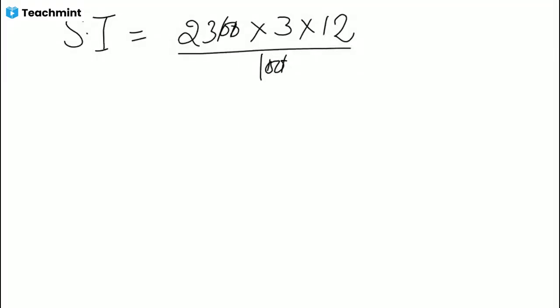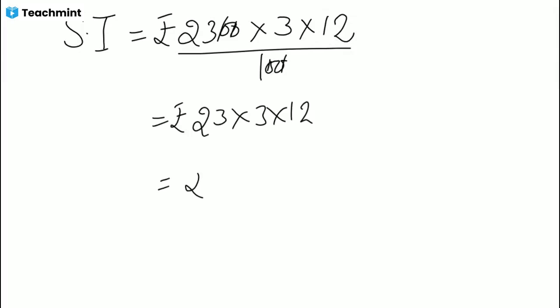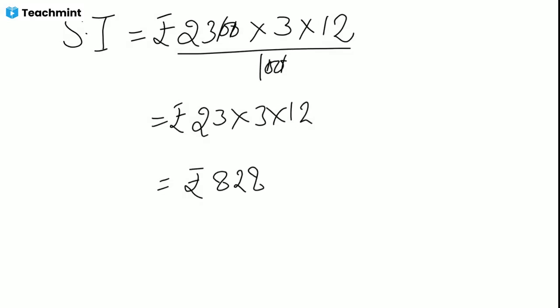We can simplify: 23 into 3 into 12, and this is the amount in rupees. Can you calculate 23 into 3 into 12? 828, we have SI.